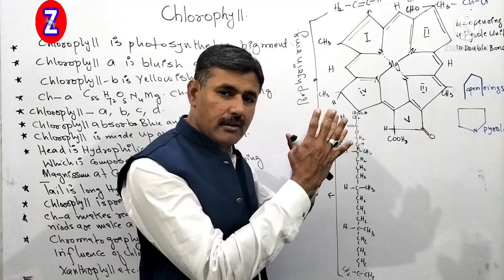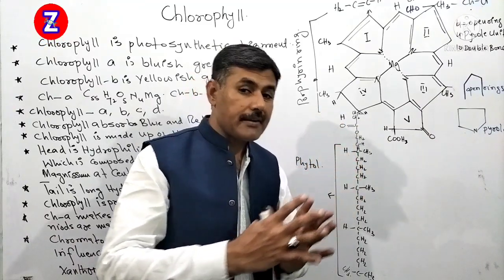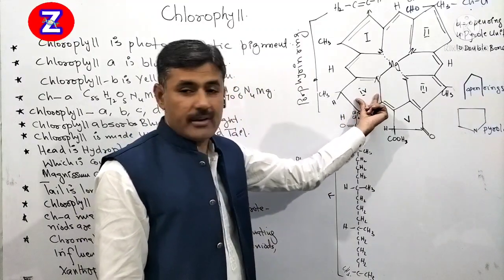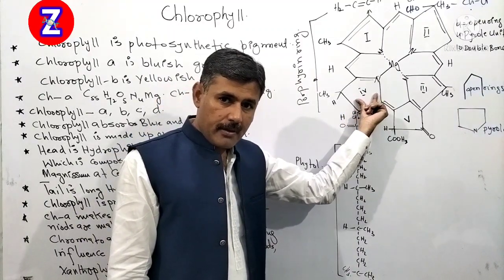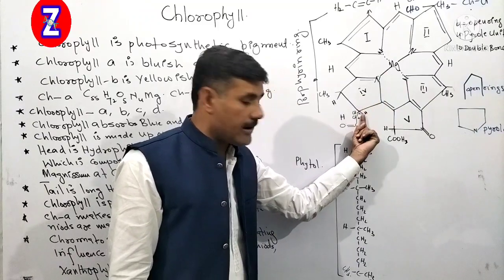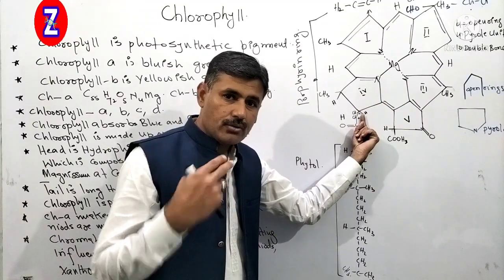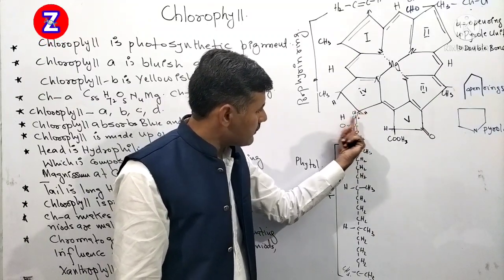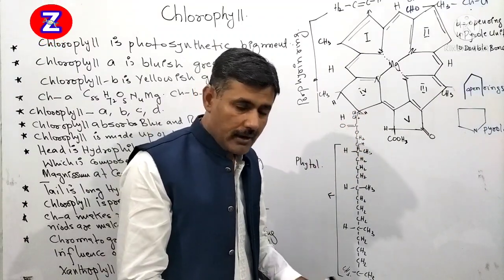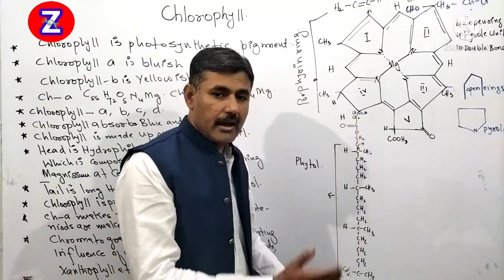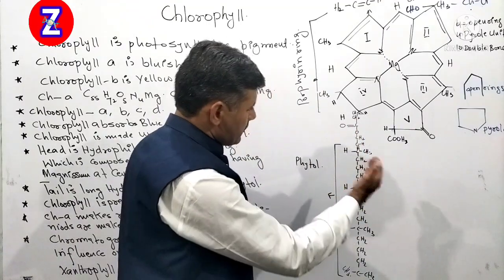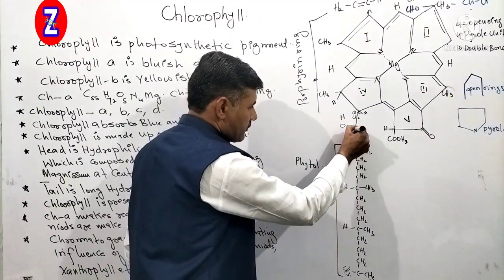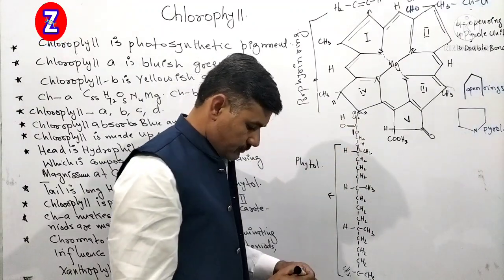In order to draw the long phytol tail of the chlorophyll, we'll have to consider the 4th pyrrole unit. On this 4th pyrrole unit, simply add 2 CH groups, CH2 and another CH2 unit. Then we draw a carbon forming a double bond with an oxygen, and then simply draw another oxygen.